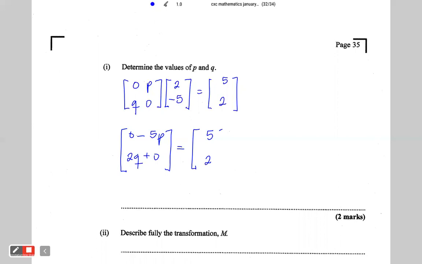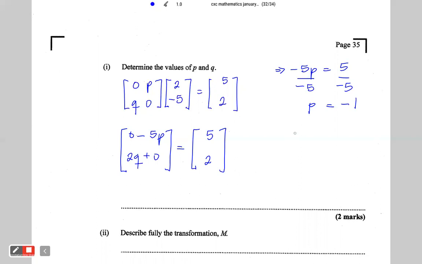Now, when two matrices are equal, corresponding elements are equal. Therefore -5p at the top is equal to 5. Divide both sides by -5 and we get p is equal to -1.